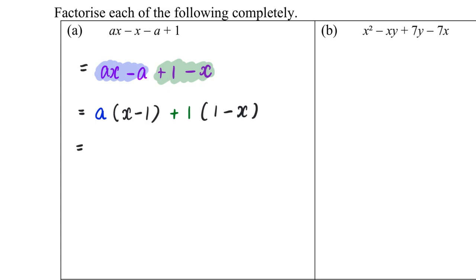So of course, we have learned previously that when I see x minus 1 and 1 minus x, what can we do? Yes, we can write its equivalent form, which will be negative x minus 1. x minus 1 and positive 1 minus x are equivalent forms.